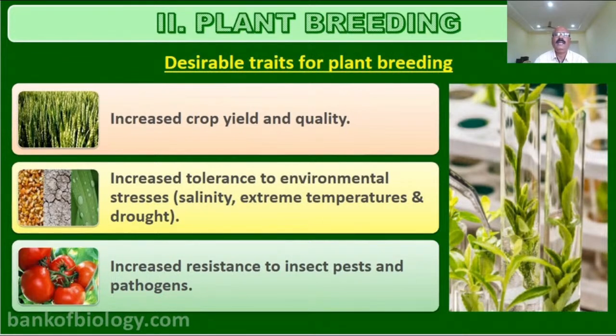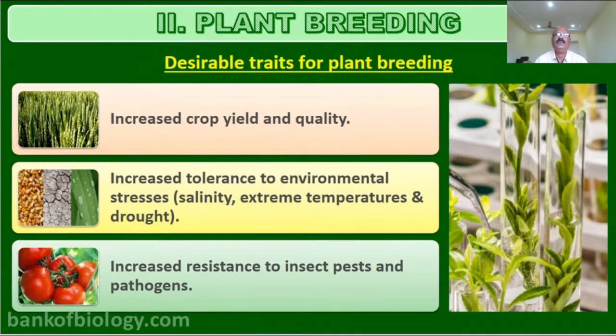These plants are produced by genetic manipulation. By the cultivation of these desirable plants, we can produce sufficient quantity of food for the rapidly growing population.